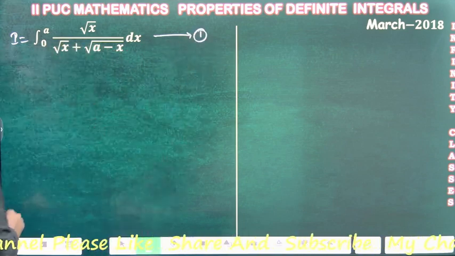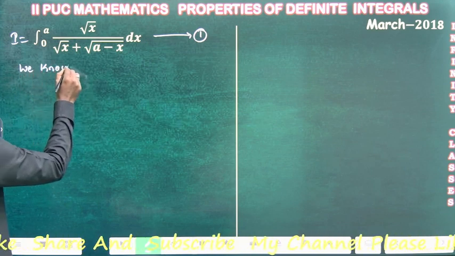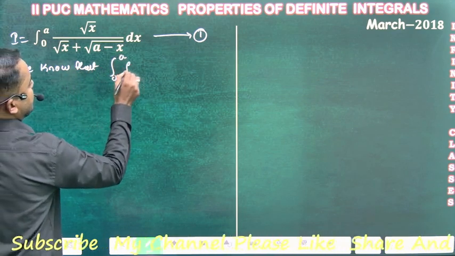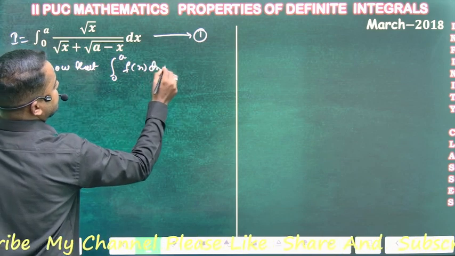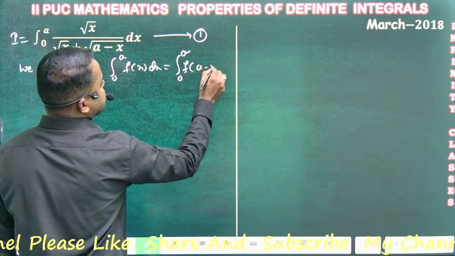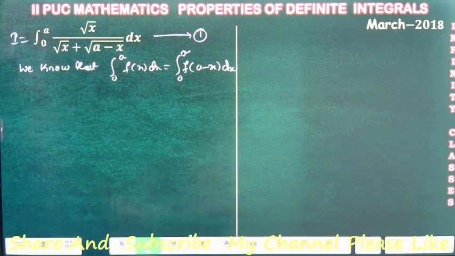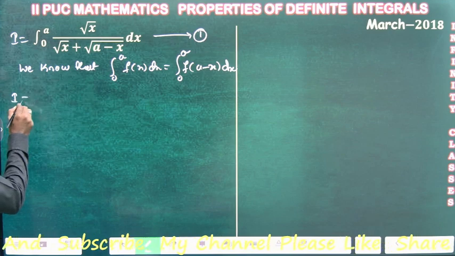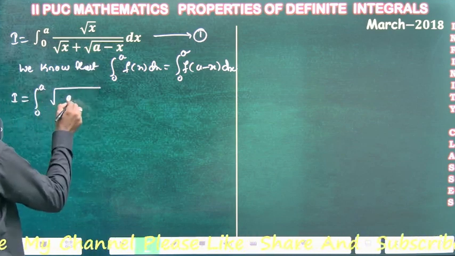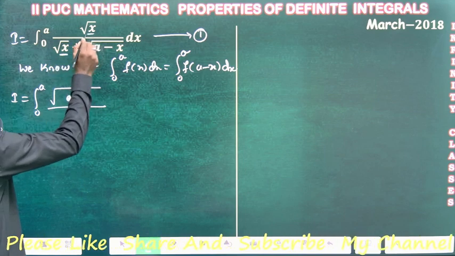After equation 1, we know the property: integration from 0 to a of f of x dx is equal to integration from 0 to a of f of a minus x dx. Now apply this property: here x becomes a minus x, and here also x changes to a minus x.